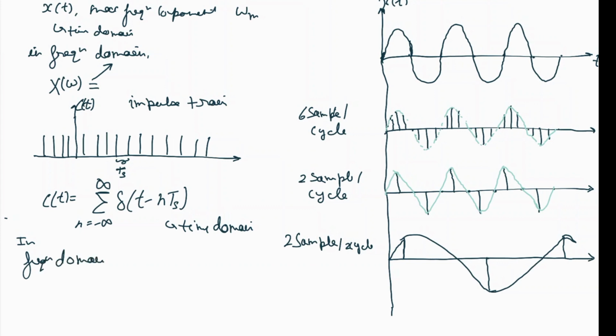For the frequency domain, if we take its Fourier transform, we get omega s times the summation over n from minus infinity to infinity of delta(omega minus n omega s). So basically the Fourier transform of an impulse train signal is also an impulse train signal in the frequency domain.